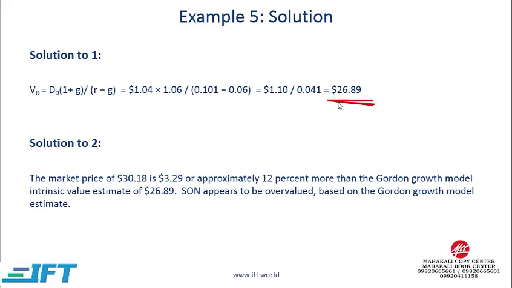So this is fairly straightforward. You compare 26.89 with the current market price. So if the market price is 30.89 and you come up with this number, then clearly this stock appears to be overvalued. And why do we say appears to be? Because there might be some issue with your very simplistic model, or there might be an issue with the assumptions. So we cannot be 100% sure. That's why we use terms like appears to be.